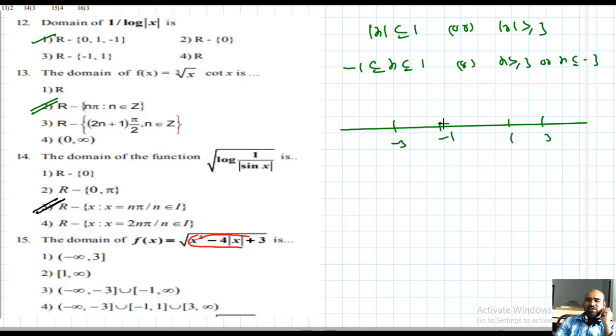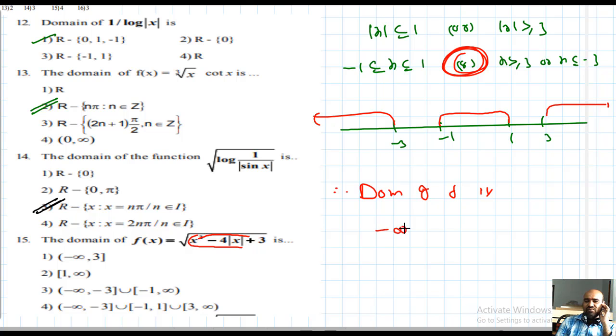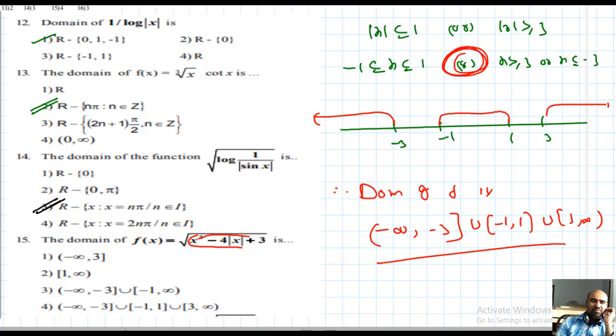So the final domain I can say, domain of f is minus infinity to minus 3 closed, union minus 1 to 1 closed, union 3 to infinity. This is the domain of f. So where is that? Option 4.